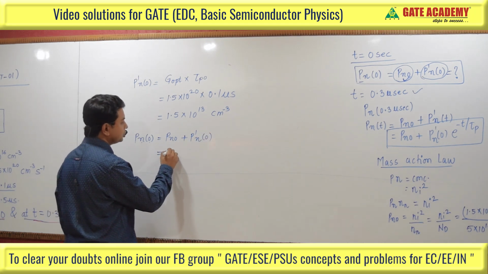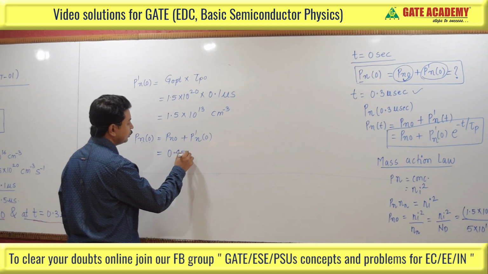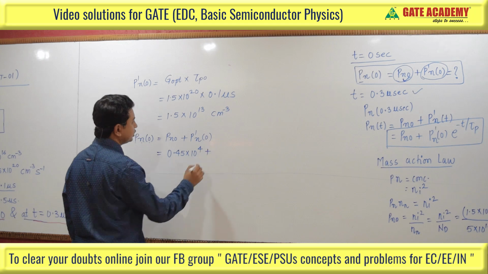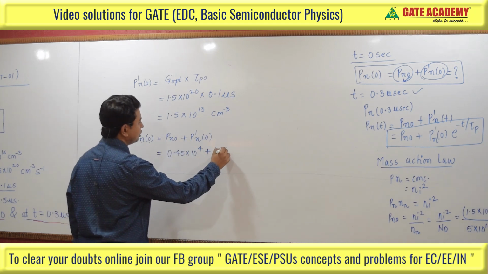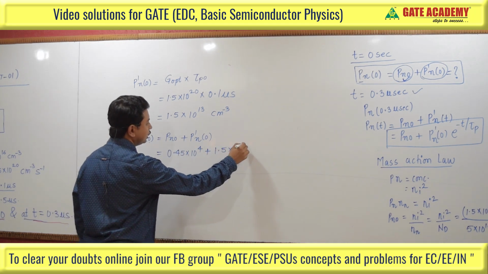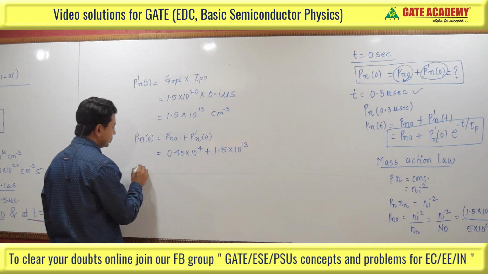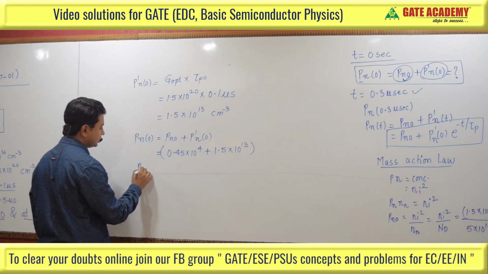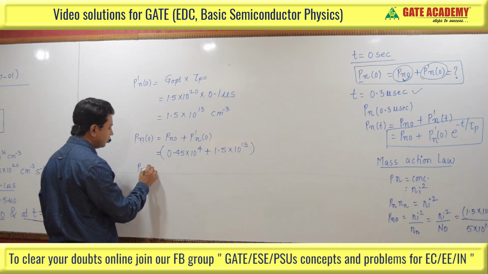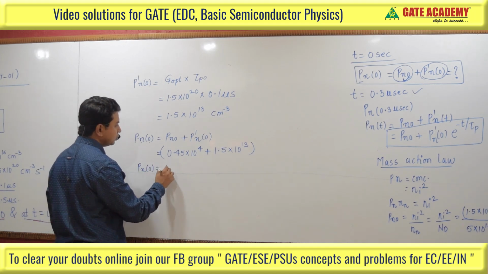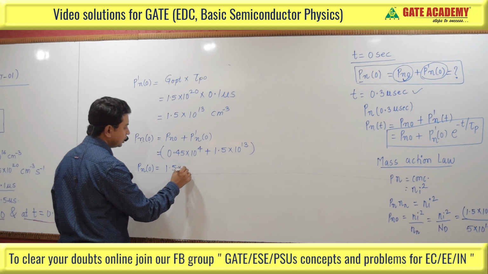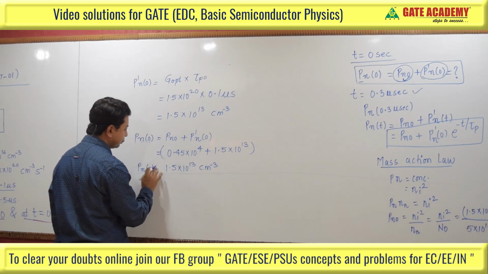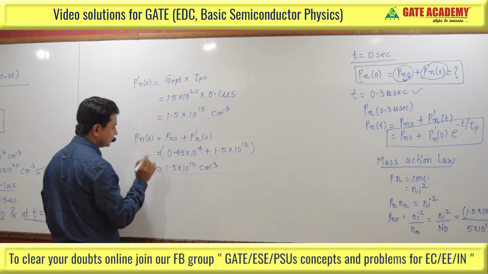If you add these two, 0.45 × 10^4 and the second value 1.5 × 10^13, the answer, approximately, is Pn naught equal to 1.5 × 10^13 per cm³, the approximate value of this addition.